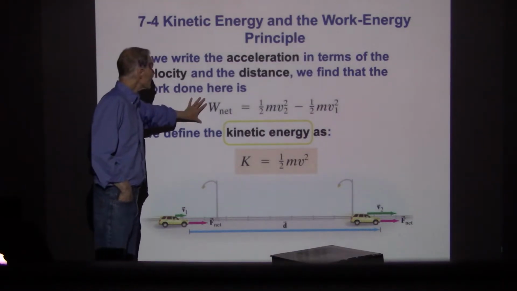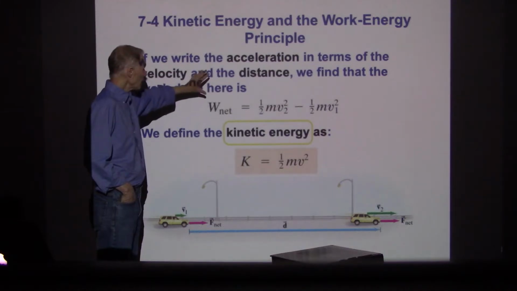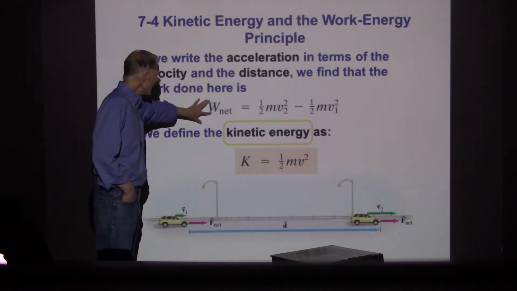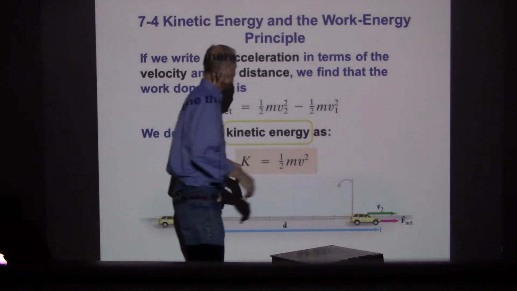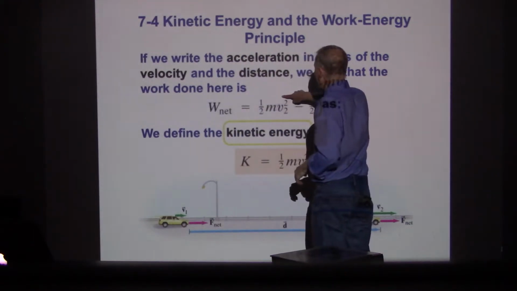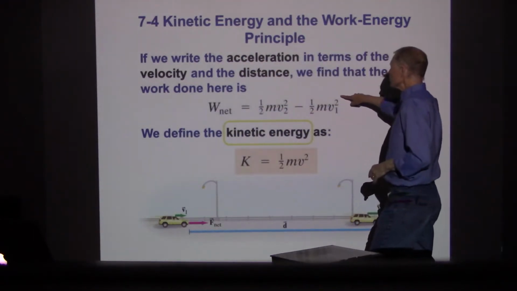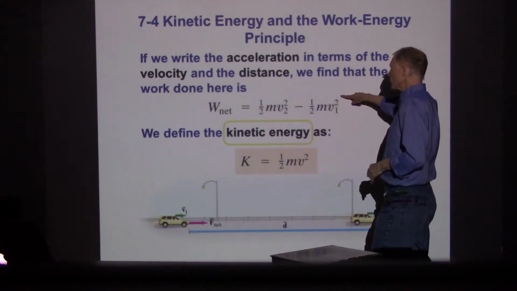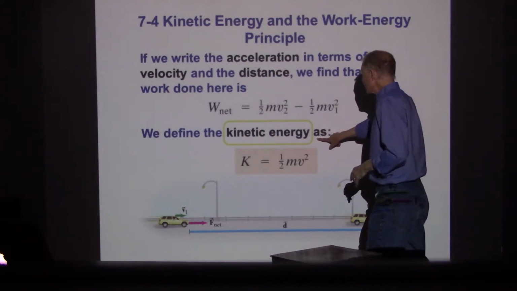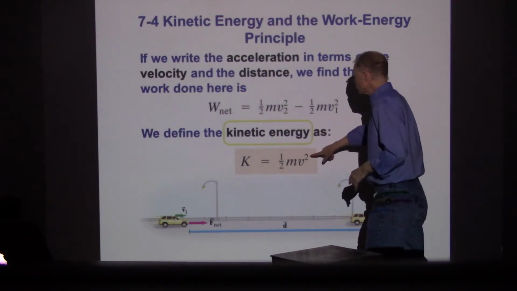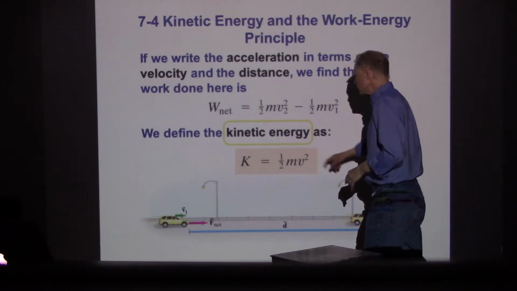What we can show is that for a constant force, the energy transferred is equal to 1/2 mv2 squared minus 1/2 mv1 squared. And we define the kinetic energy for an object as 1/2 mv squared.